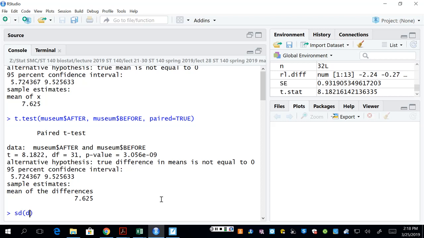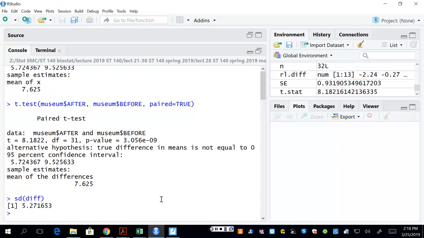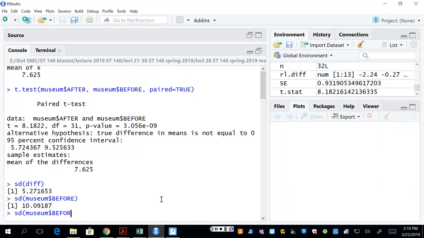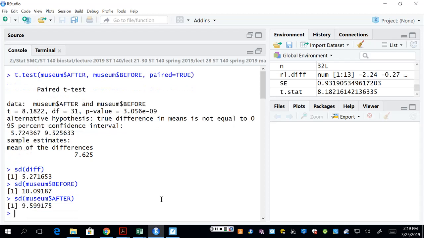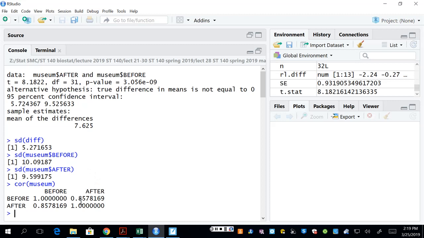So the standard deviation of the differences, in this case, is 5.27. The standard deviation of the measurements before at the museum is 10, and afterward is almost 10 as well. But the differences have this small standard deviation. You can look at the correlation of the museum variables, before versus after. The correlation was 0.86. We haven't talked too much about correlation, and we'll talk more about it when we come to regression and correlation. But it can't be more than 1, right? So this is pretty high.